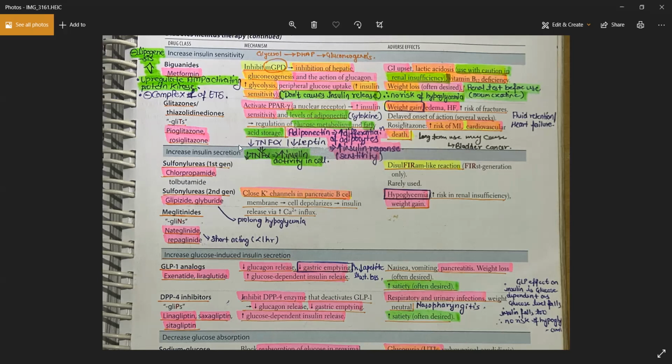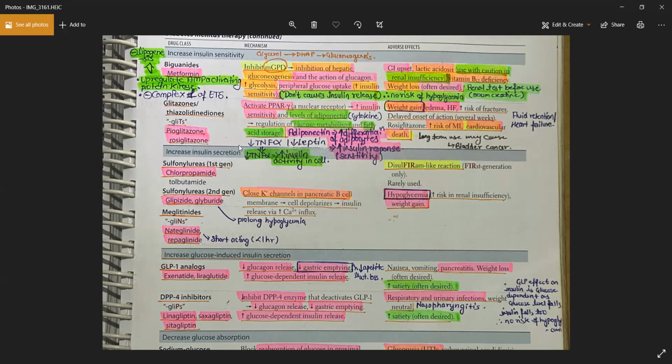You have written inhibition of complex of ETS. Yes, what is that? Metformin actually inhibits some of the complexes of the ETS also, to decrease the energy so that more glucose could be used by the cells for glycolysis.